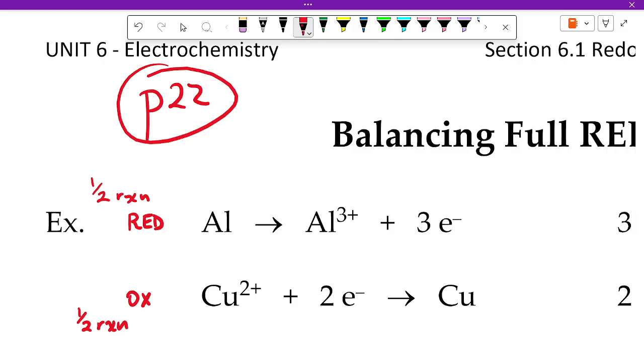Now, if I were to add those two up right this second, what would happen? Would I have the right number of electrons being transferred? No. So I cannot just add two half reactions and get a whole reaction.